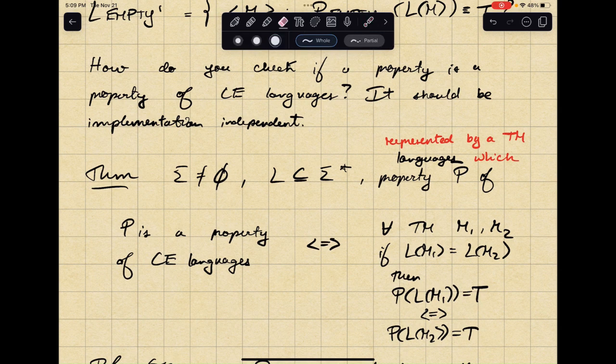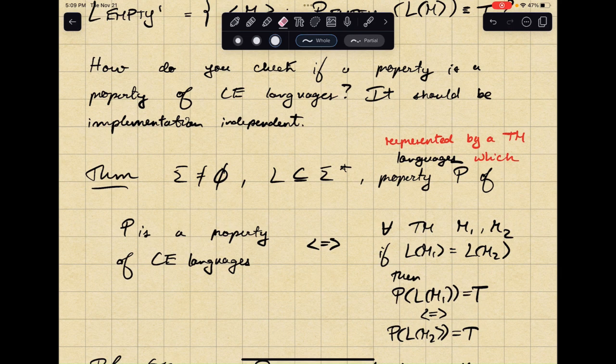But really, when I was doing this, I was implicitly assuming that we were discussing decision problems where the decision problems were about properties of CE languages, but what we were given as an input was a Turing machine. And that's been the case in all of the decision problems that we've studied, right?